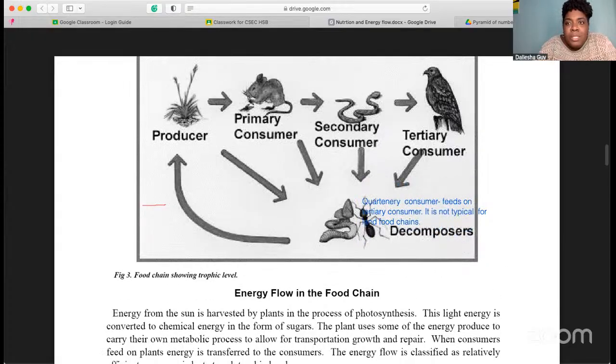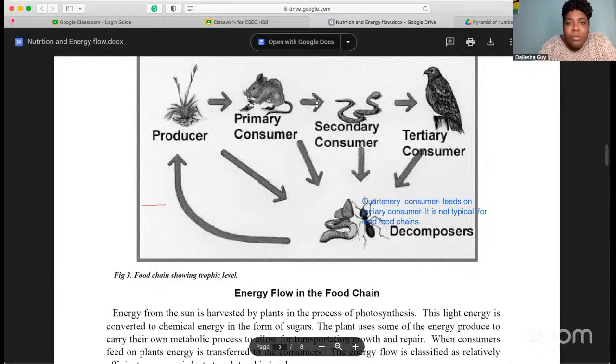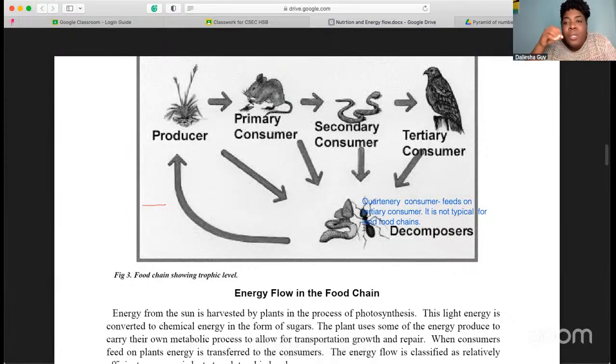The decomposer is necessary because it helps to break down these organisms when they die and release the nutrients trapped in these consumers or plants. For example, a plant dies, the decomposer breaks it down, and the nutrients that were in the plant are now released back into the ecosystem to be reused, right?